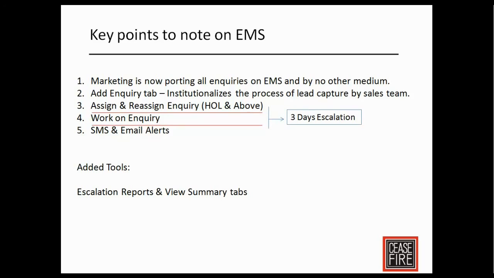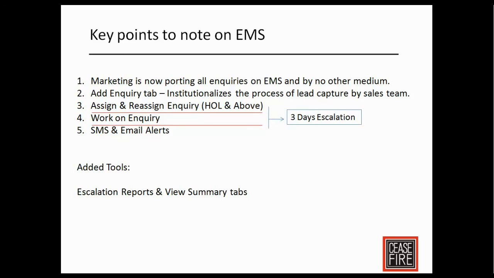Now, as I explained earlier, the escalation system on EMS considers both these parameters, that is, inquiries not being assigned and no work happening on an inquiry, and from the back end it escalates in 3 days. That is how EMS is programmed to escalate.